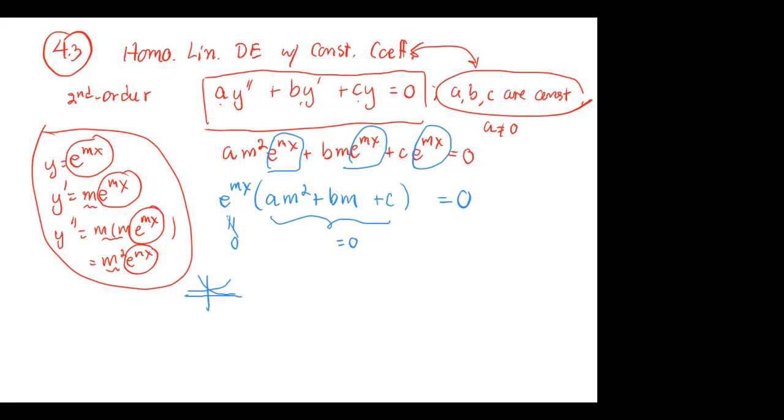When you look at this equation, am squared plus bm plus c, look at the coefficient of each order: a, b, and c. Power 2 is order 2, power 1 is order 1, and order 0 means the original y, which is m to the power 0.